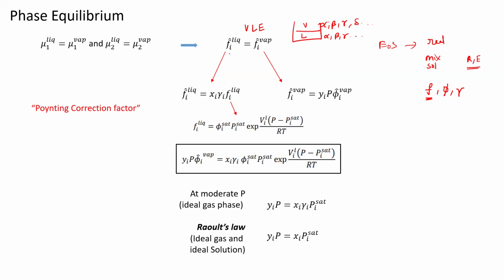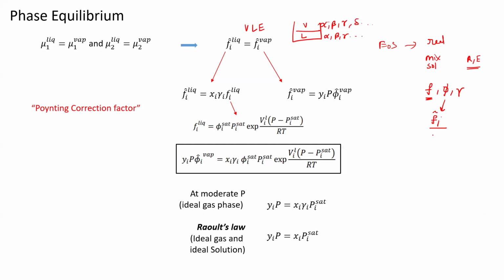The liquid side can be elaborated as the mole fraction times the activity coefficient times its fugacity individually when it is not in a liquid solution. Similarly for the vapor, it is mole fraction times total pressure times the fugacity coefficient. Generally, the fugacity coefficient is defined as the fugacity of the species in the mixture divided by its fugacity when it is an ideal gas mixture, which is yiP.